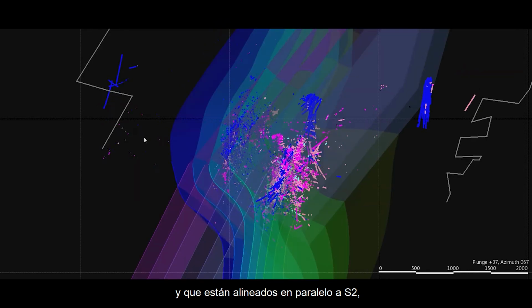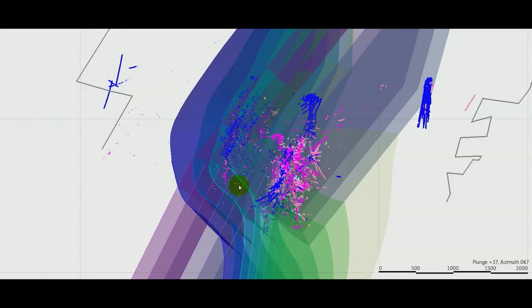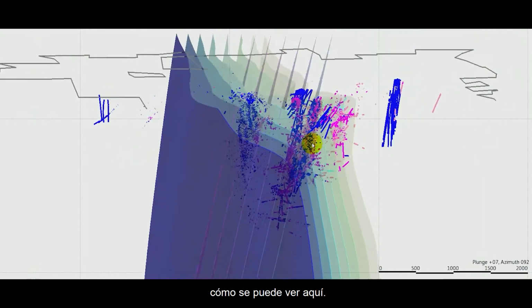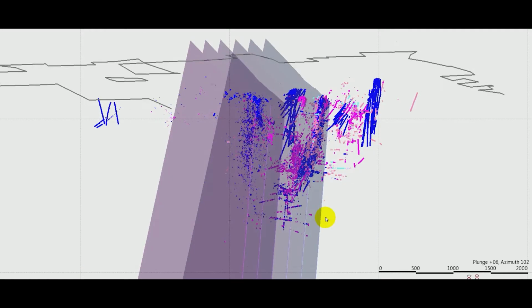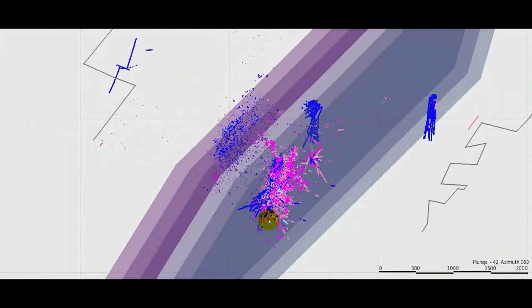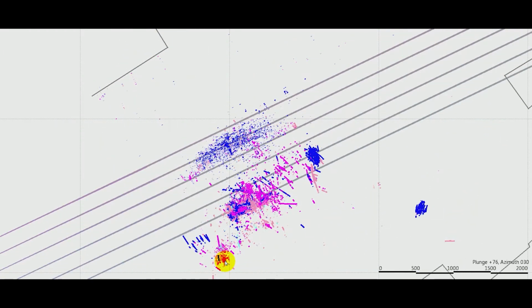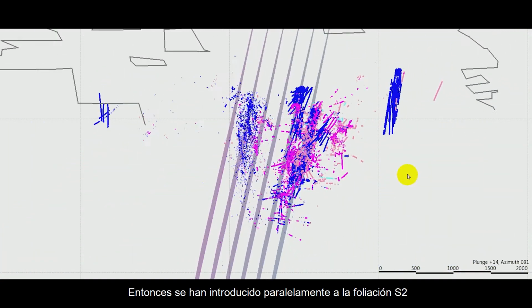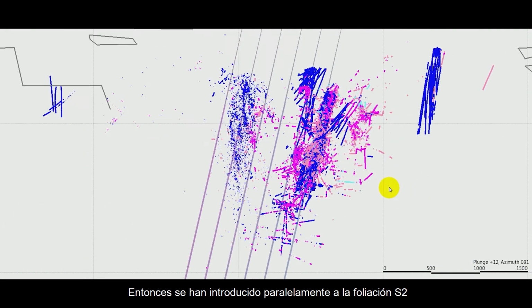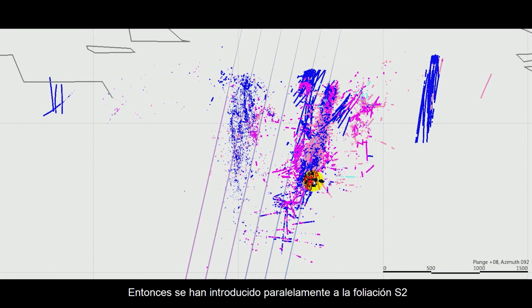They are aligned parallel to the S2, as you can see here. So they have intruded parallel to the S2 foliation in this area in the Lamaque.